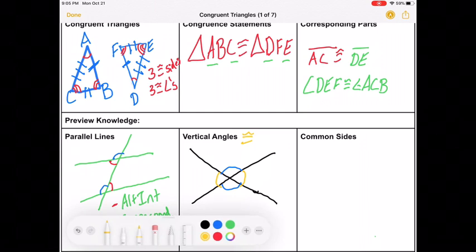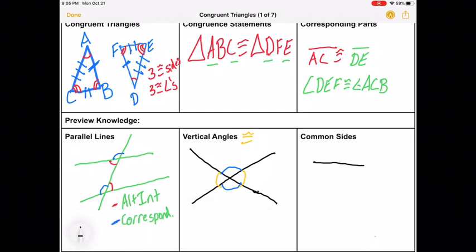Common sides, so this is a new one that you know, but you don't know that you know it yet.